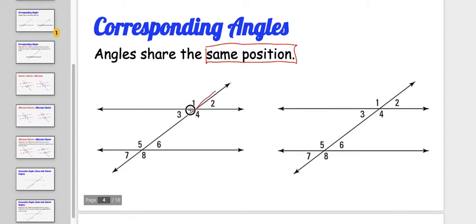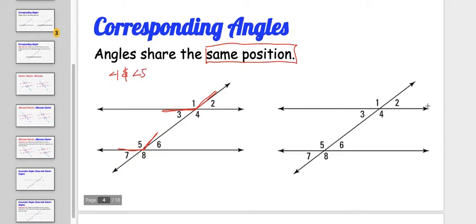For example, you check angle 1. Angle 1 is in the top left corner. So we are looking for something in the top part and also in the left corner, which is angle 5. So that's why angle 1 and angle 5 are one example of corresponding angles.